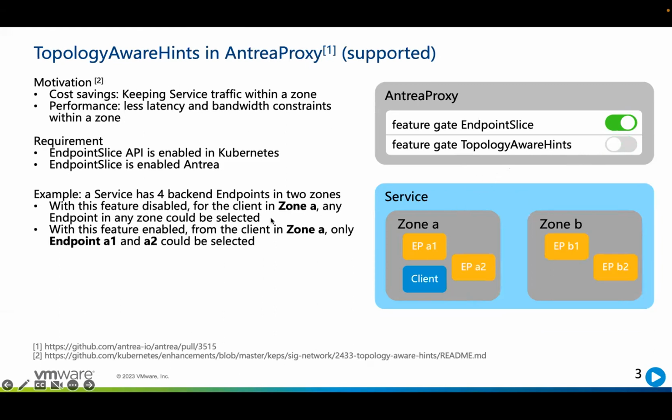With this feature disabled, a client in zone A can connect to any endpoint in zone A or zone B. But when we enable this feature, the client in zone A can only connect to the endpoints in zone A, and likewise for a client in zone B. That's a simple example.